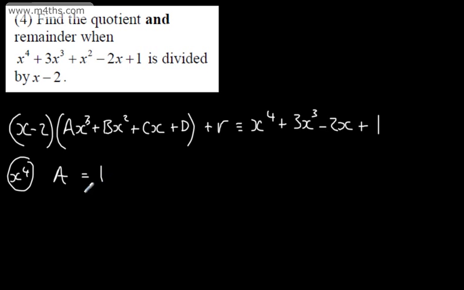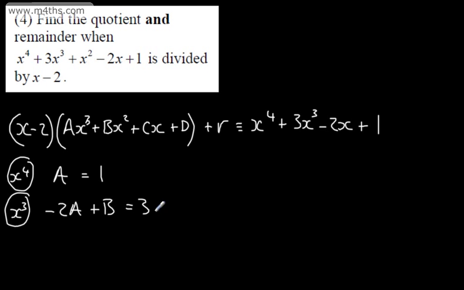If we look at cubic terms, so terms now in x to the third, we're going to have minus 2a, and then plus b, and that will be equal to the 3. So from here we can say that that will be equal to 3.